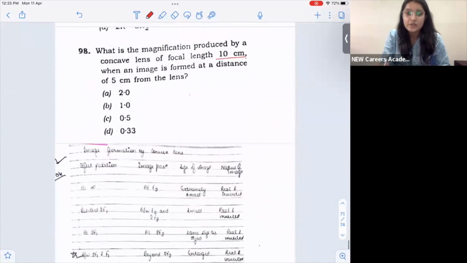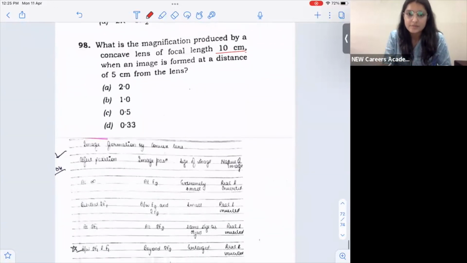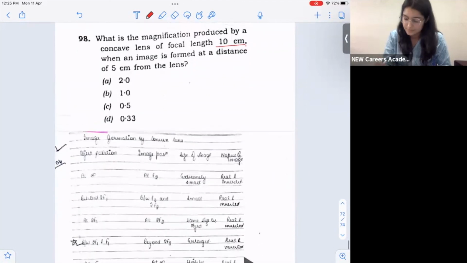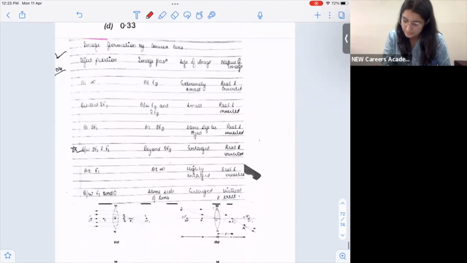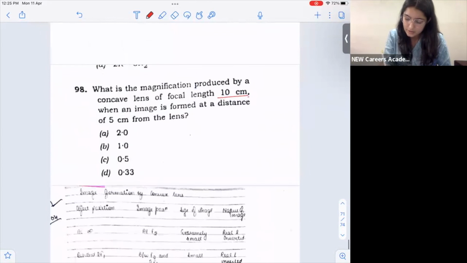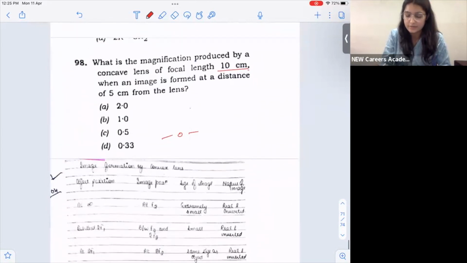Again, a question on image formation by convex lenses. I need to check its answer, so I'll get to this question again.